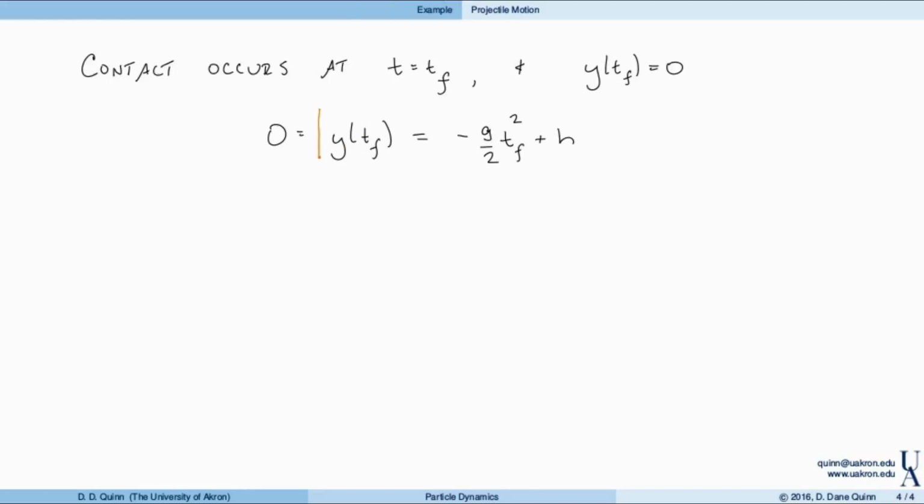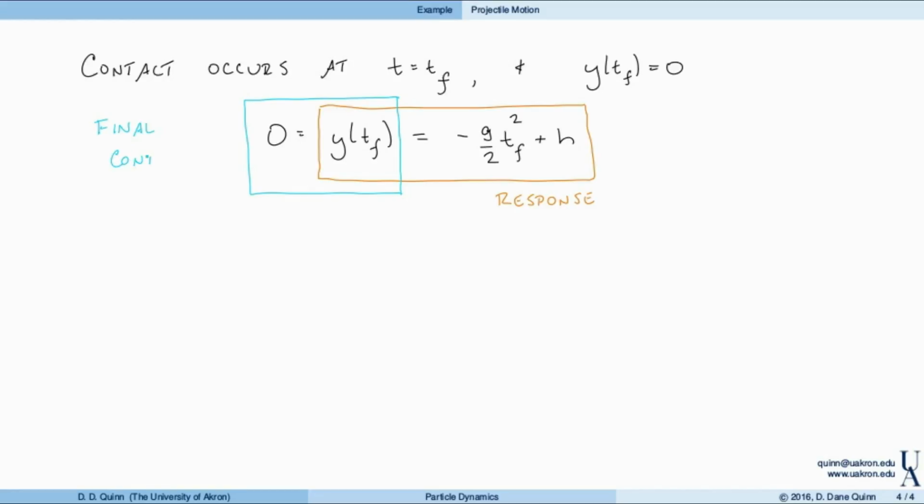So if I look, this piece comes from the response of the system, from the equations of motion and the solution that we obtain by integrating the acceleration twice. While this piece comes from the final condition, namely the ball is at the ground at that final time. So the ball has to be on the ground, and the ball has to follow the response of the system as determined from the equations of motion.